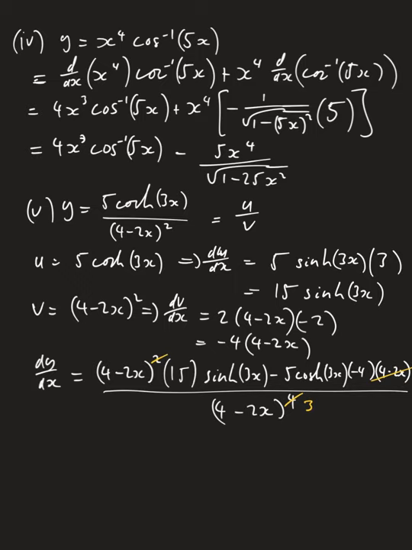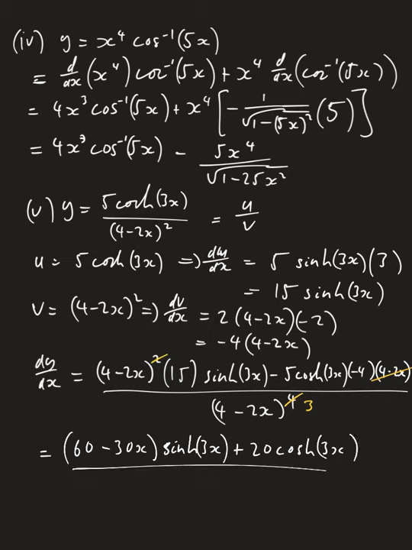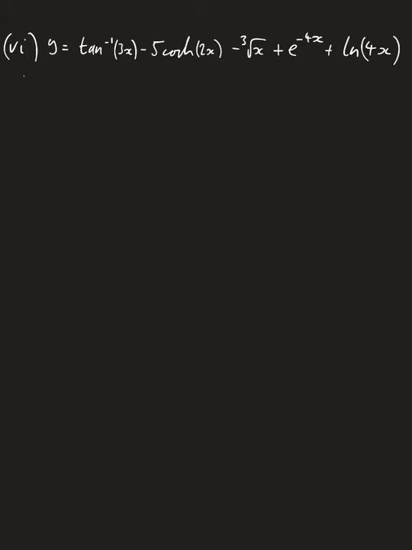So I'll multiply out what I have left, and I get that that is equal to 60 minus 30 times x, times sinh of 3x, plus 20 times cosh of 3x, that's minus 5 times minus 4 is plus 20, still all over 4 minus 2x to the power of 3. And there's nothing more we can do with that. That's the answer.